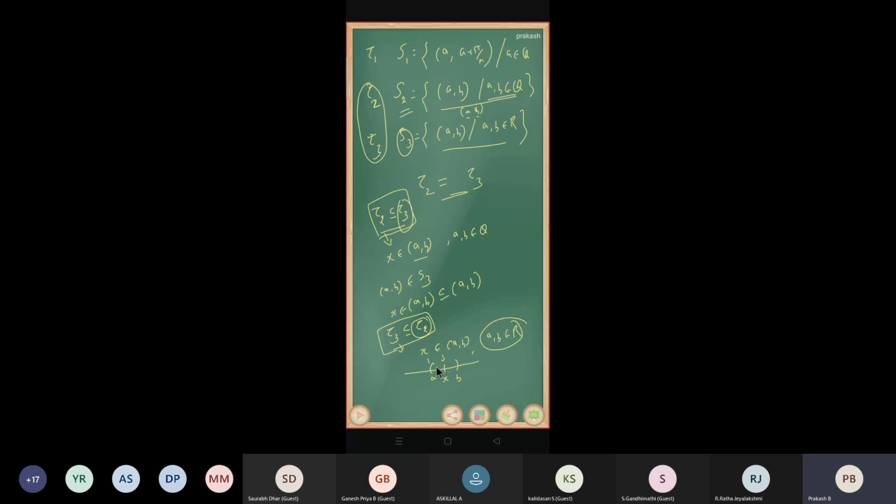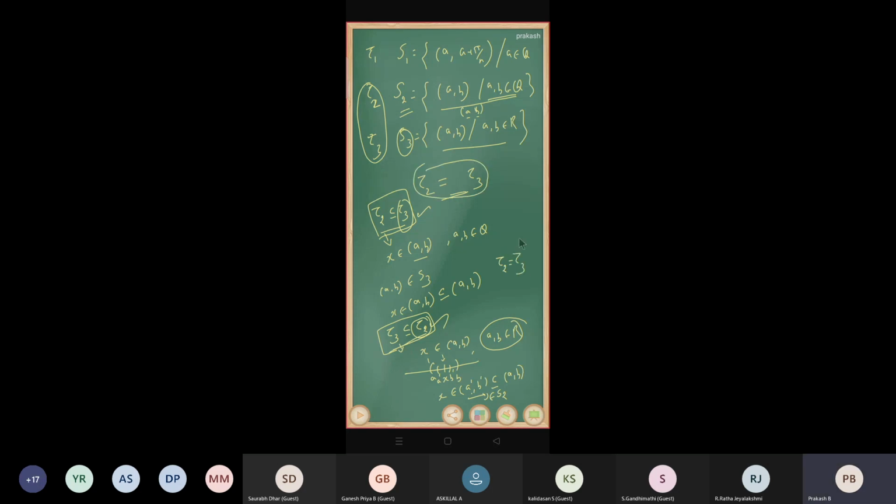So we pick a rational number between a and x, called a dash, and a rational number between x and b, called b dash. Then the open interval a dash comma b dash contains x and is contained in the open interval a comma b. Here a dash and b dash are rational numbers, therefore this belongs to S2. So we found a basis element from tau 2, therefore this relation also holds. Combining these two, we get the result tau 2 equals tau 3.